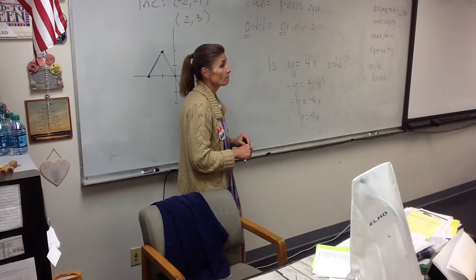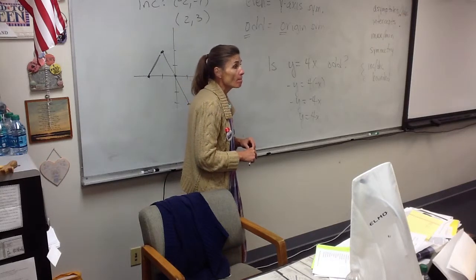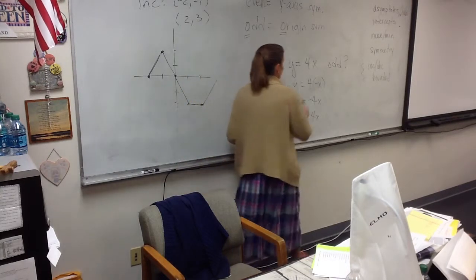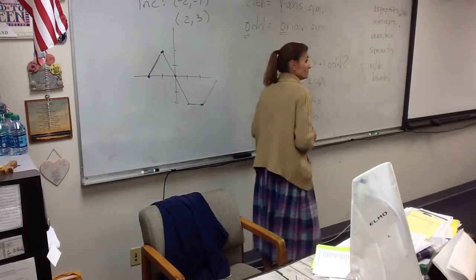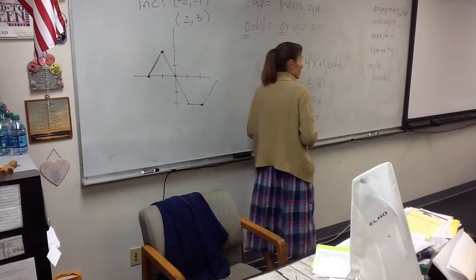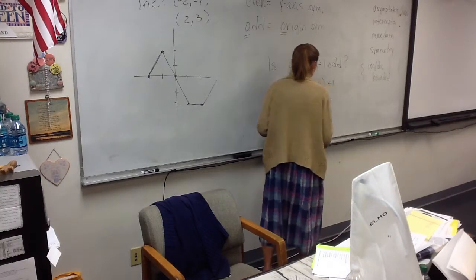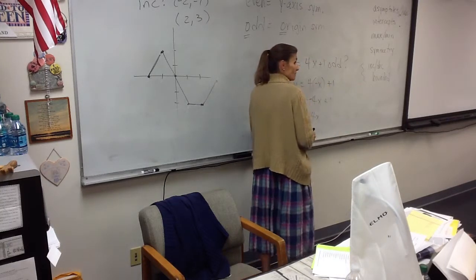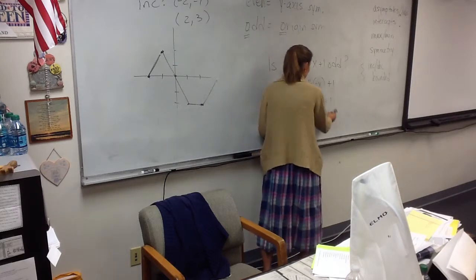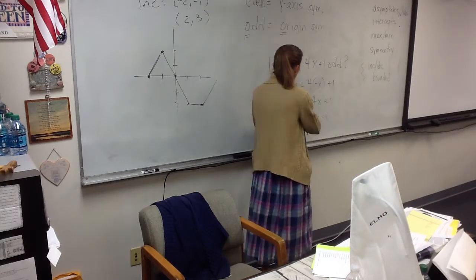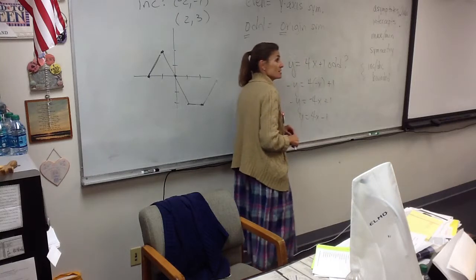Emma? What's the example of one where someone works? If I put a 1 on the end of this equation, then it isn't odd anymore. Because as soon as I put a 1 on the end of it, when I divide out this negative, this becomes a -1, and now it is not the same as the original equation.